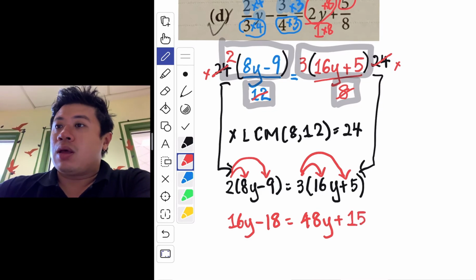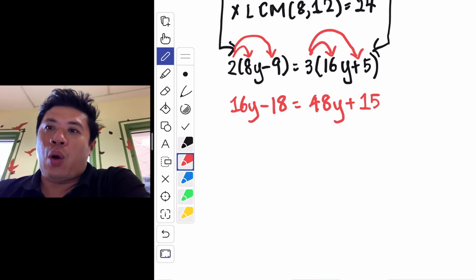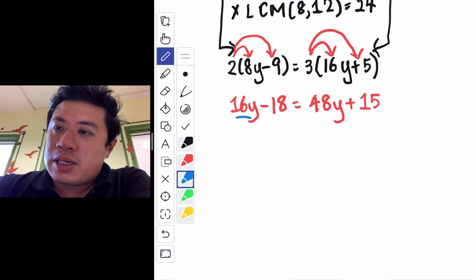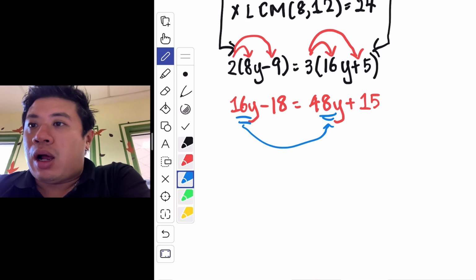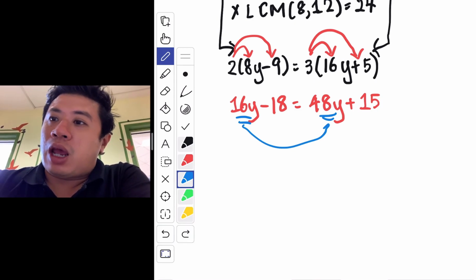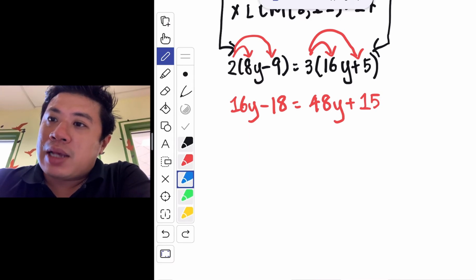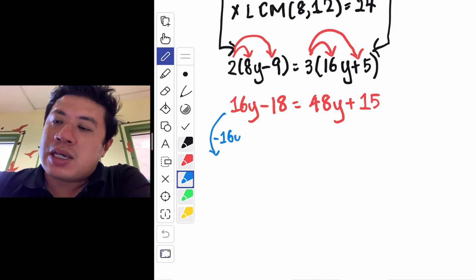So next up, again, we are supposed to solve for the value of y. Like I told you, I always like to bring my smaller guy to the bigger guy. So if I see 16 and I see 48, I'll bring 16 to 48. So what I'm doing in actual fact is, I see a plus 16 here, so I subtract both sides by 16.